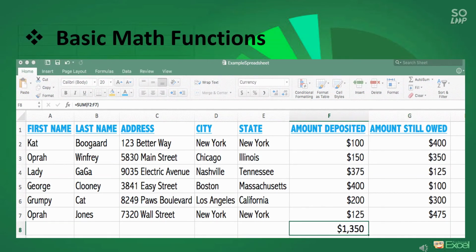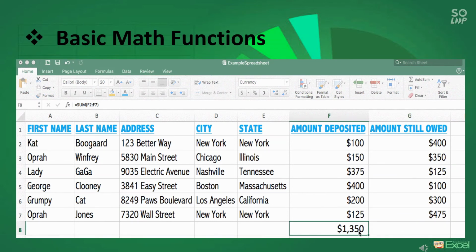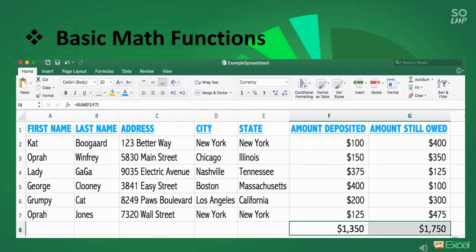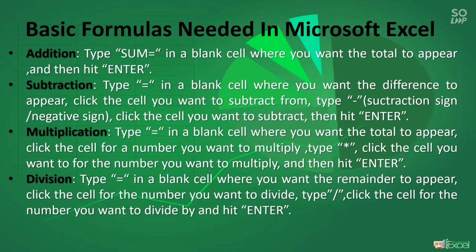In division, just type the equal sign in a blank cell where you want the total remainder to appear, click the cell for the number that you want to divide, then type the slash sign, click the cell for the number you want to divide by, and then hit enter. So here are the basic formulas needed in Microsoft Excel, which I have already said earlier.